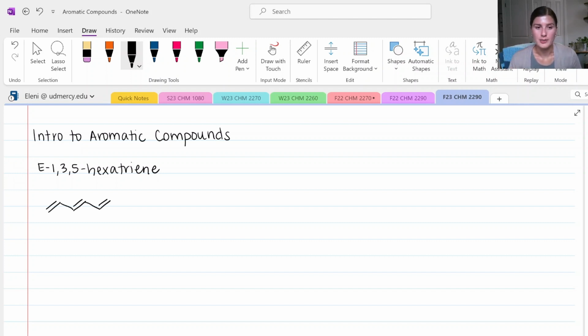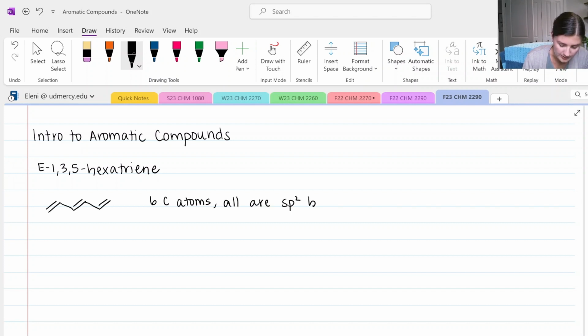But each of the carbons that are in this molecule are sp2 hybridized. So we have 6 carbon atoms. All are sp2 hybridized.